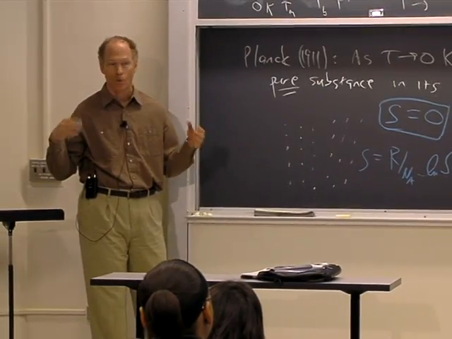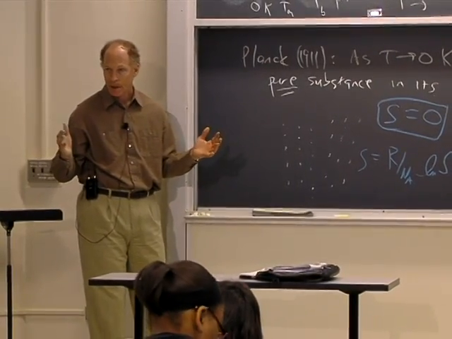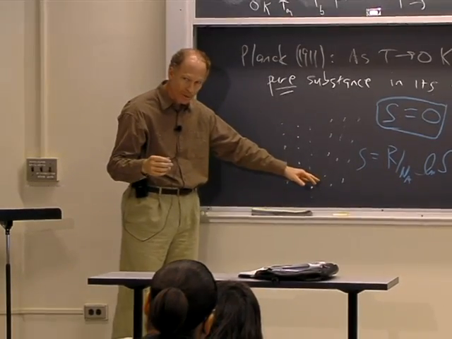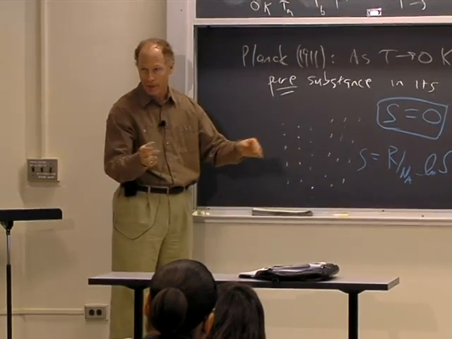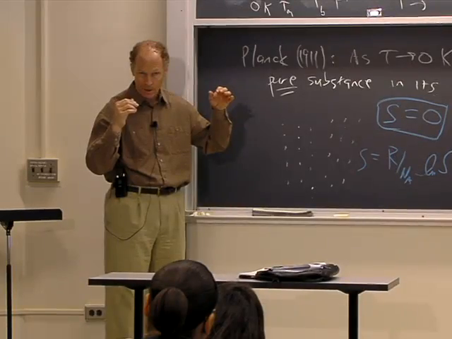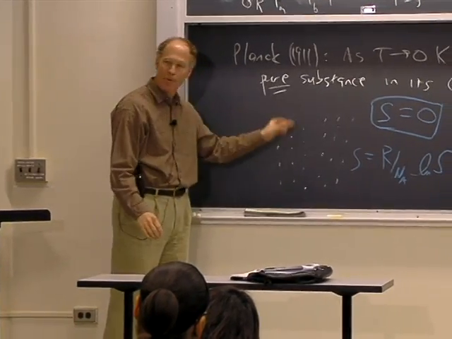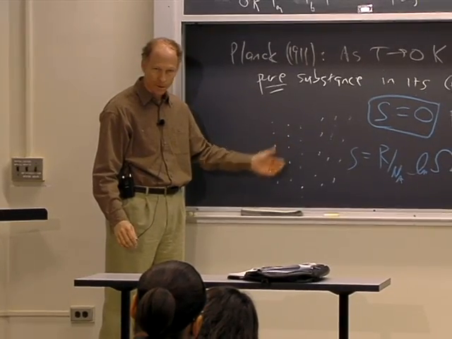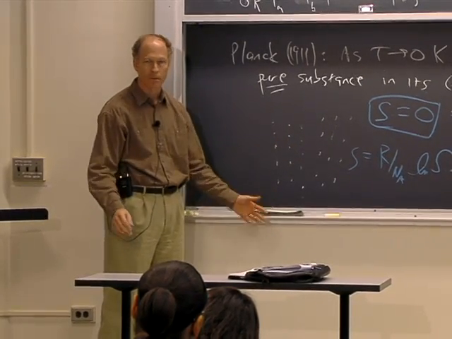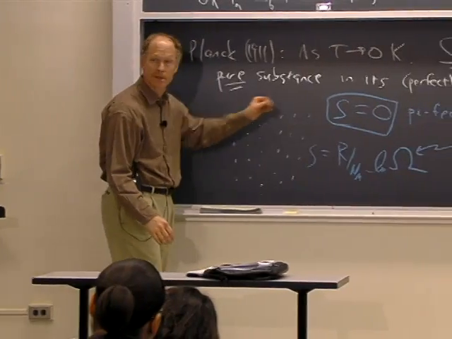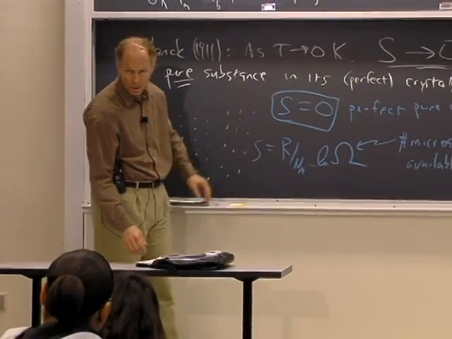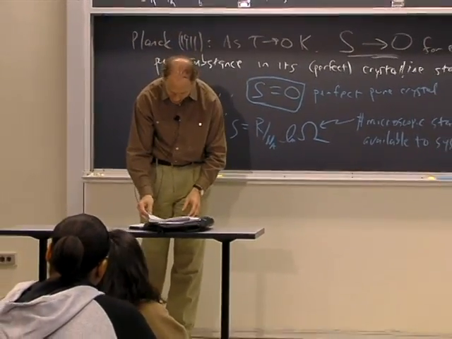Already there'd be an enormous number of states. But at 0 Kelvin, there's no thermal excitation of any of that stuff. Things are in their lowest states, and they're in their proper positions. There's only one state for the whole system. So that's why the entropy is 0 in a perfect crystal at 0 Kelvin.